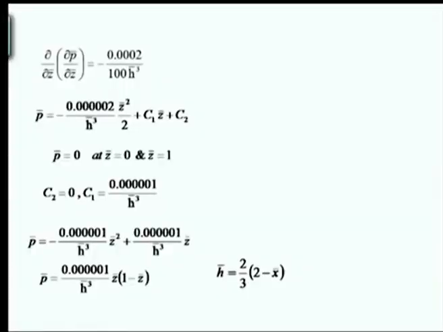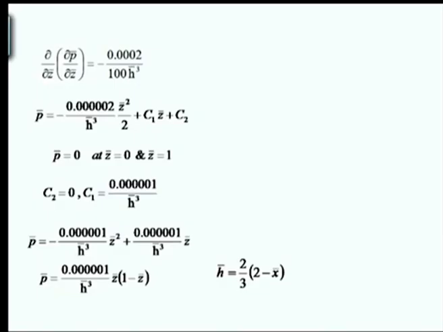So, if we rearrange this equation, we take out this constant, and we take out the h bar value, which is expressed in terms of z bar and 1 minus z bar. This also gives us a confirmation whether we have calculated the pressure profile the right way or the wrong way.